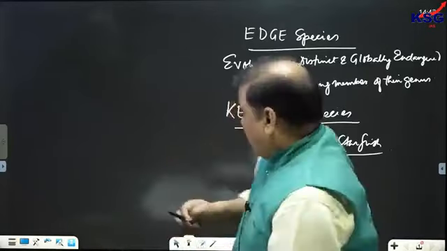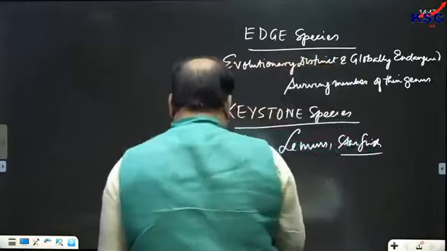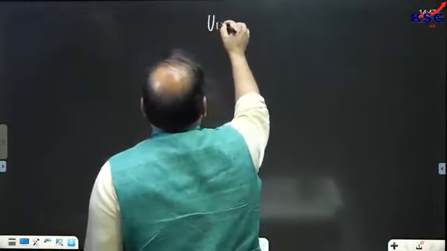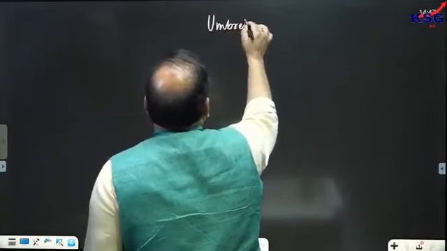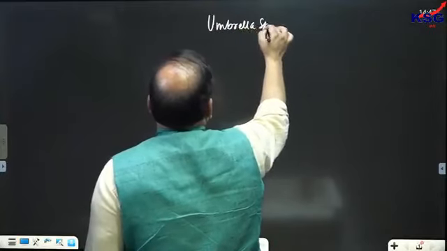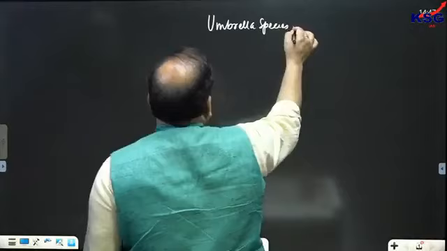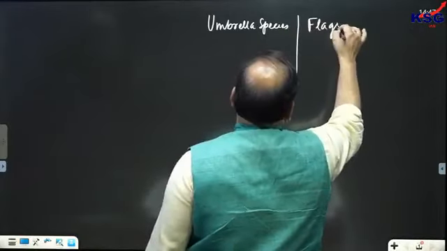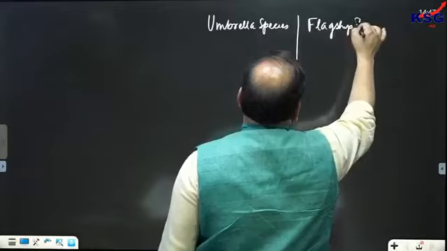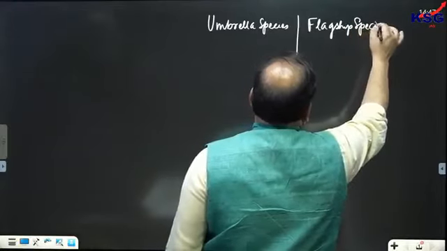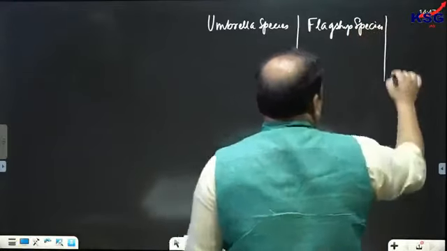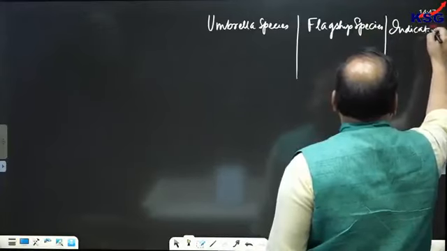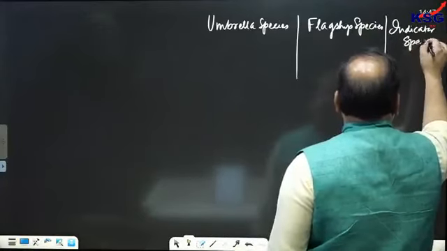But see, there are other species as well. For example, there's a type of species called umbrella species, a type called flagship species, and a type called indicator species.